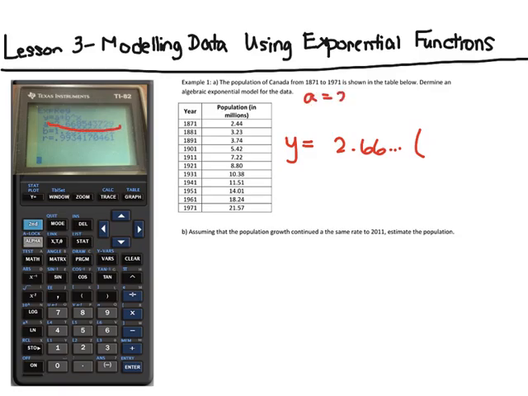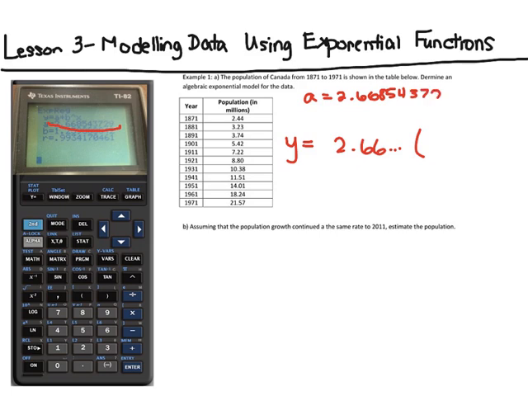A equals 2.6685473729. And B equals 1.239888842. So 1.23... And all of this is to the power of x. So that is your function.